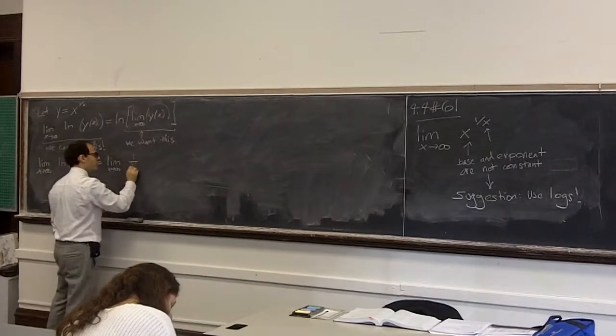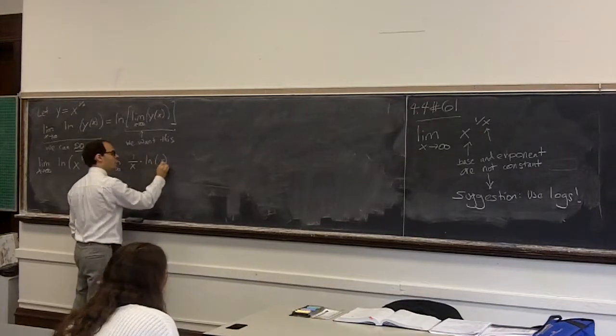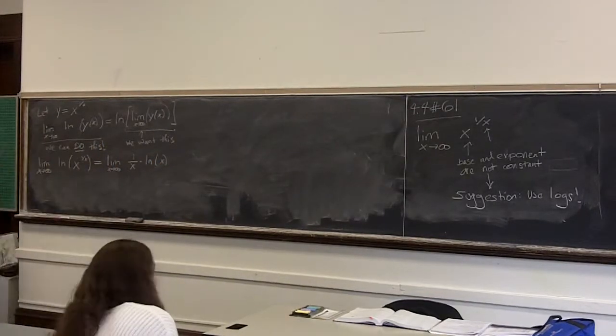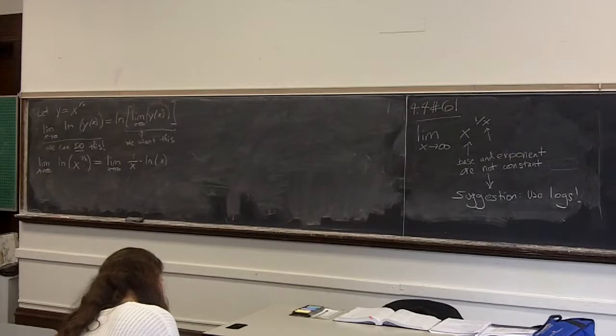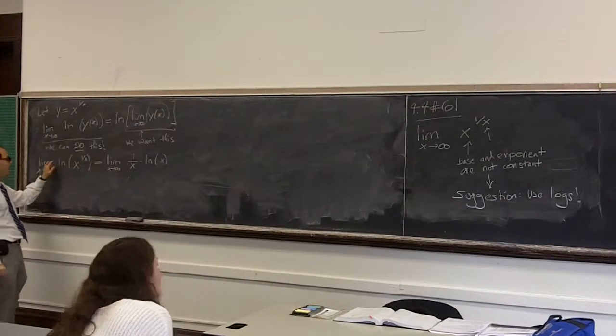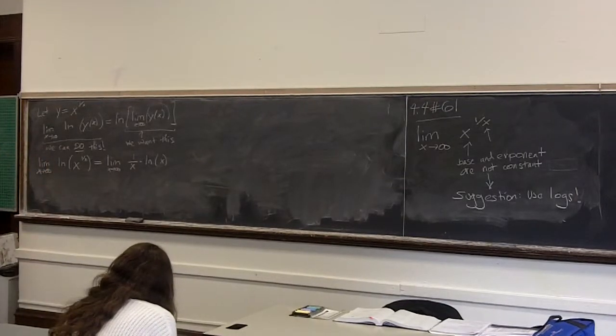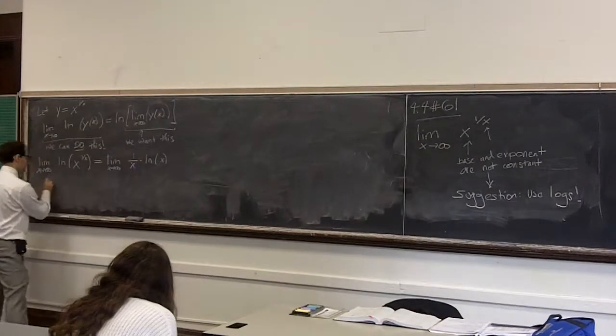So it's 1 over x times natural log of x. Okay, so I just brought this exponent out front. Here it is out front. Left the x alone. Okay, well this looks much more promising.